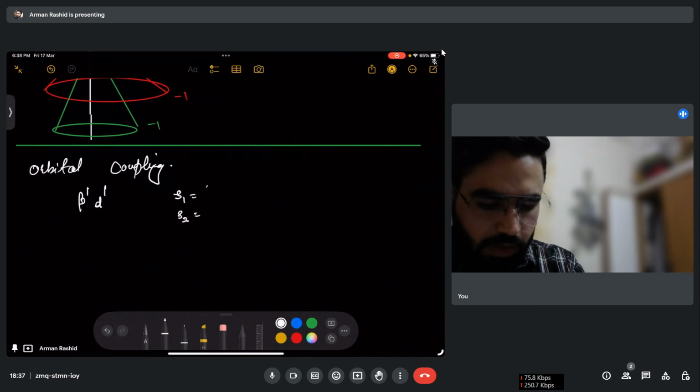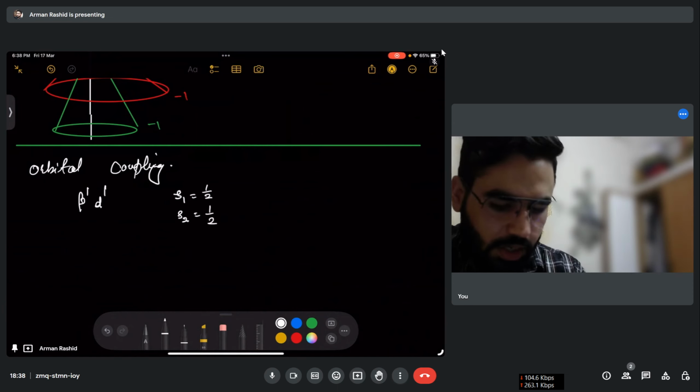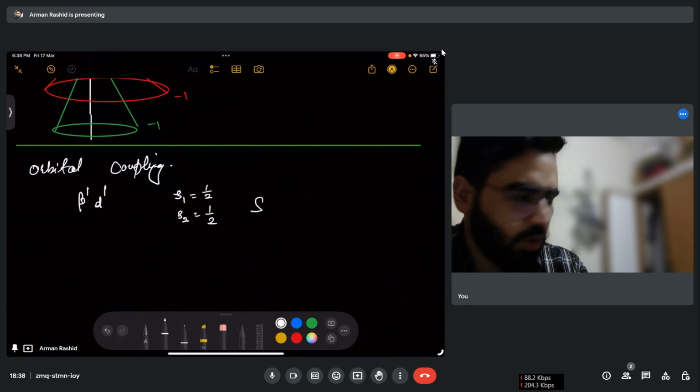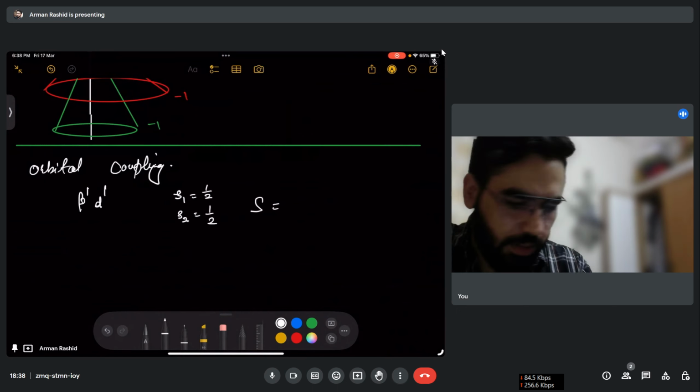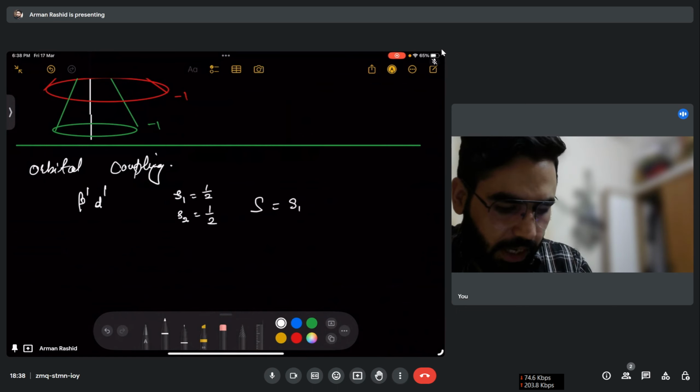For s1 it is 1/2, for s2 it is also 1/2. Now we find the total S. The total S will be the vector summation from s1 minus s2 to s1 plus s2. So S will have 0 and 1.